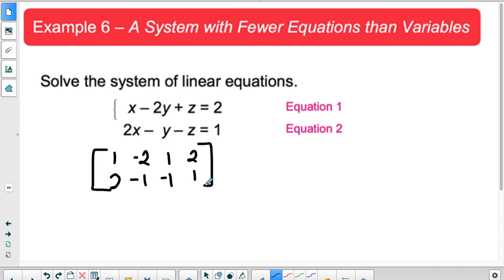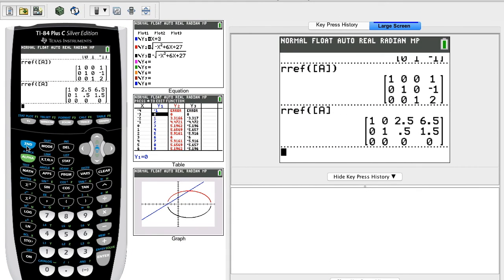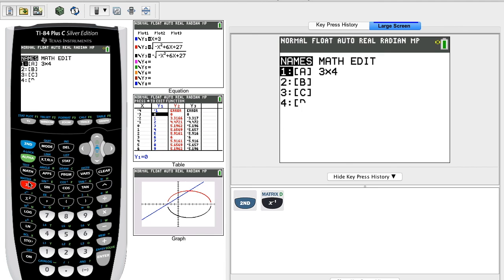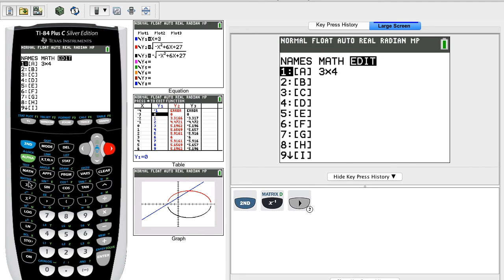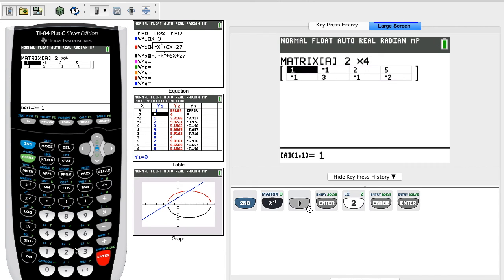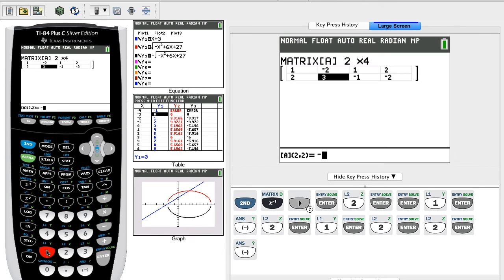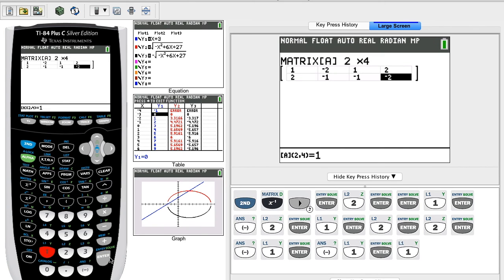Now at this point here, I'm going to pull the calculator up again. And what we're going to do is we're going to go back into the matrix. So second matrix. And go over to edit for matrix A. Now this time we have a 2 by 4. So we have 1, negative 2, 1, 2, 2, negative 1, negative 1, 1.